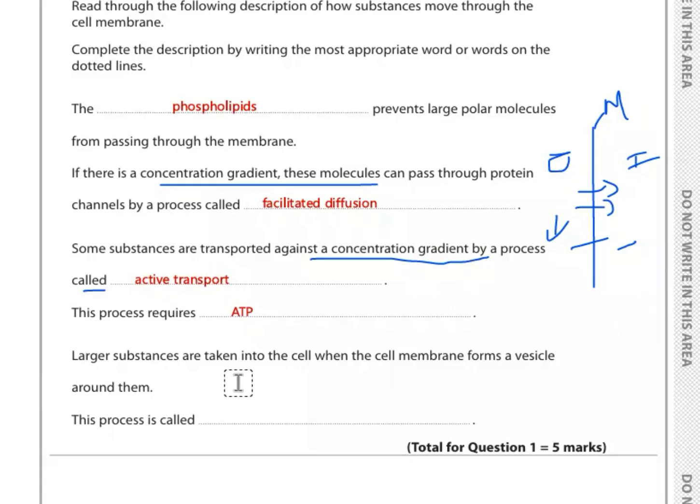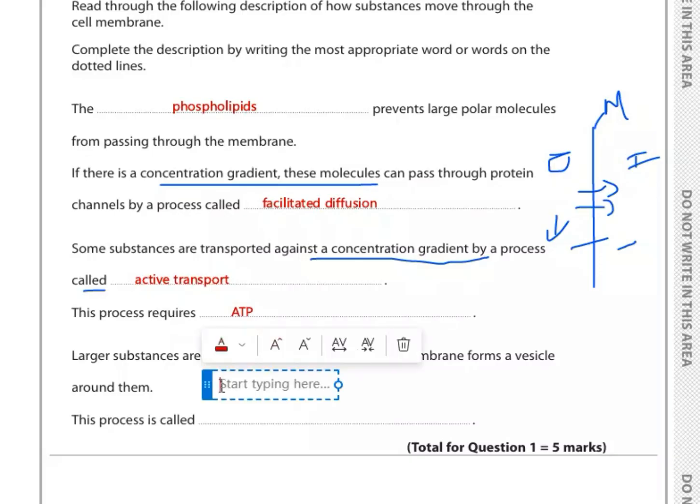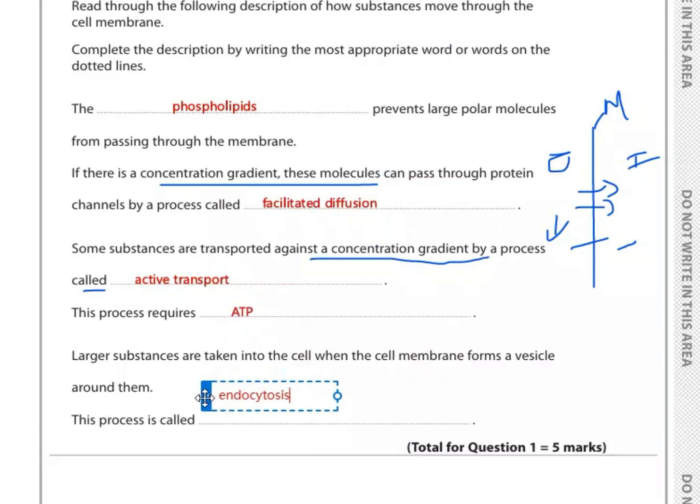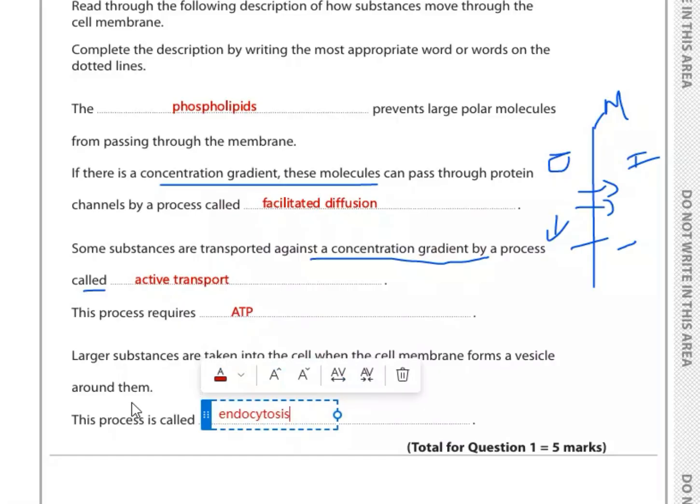Larger substances are taken into the cell when the cell membrane forms a vesicle around them, and this process is known as endocytosis, the easiest one, I guess. There are different ways by which substances can enter into our cell, and endocytosis is one of them.